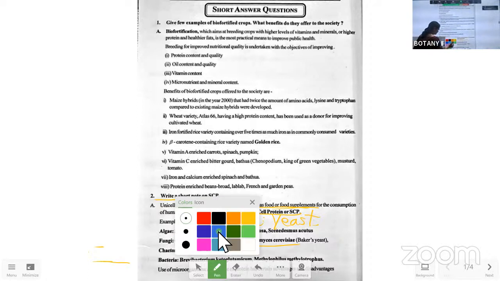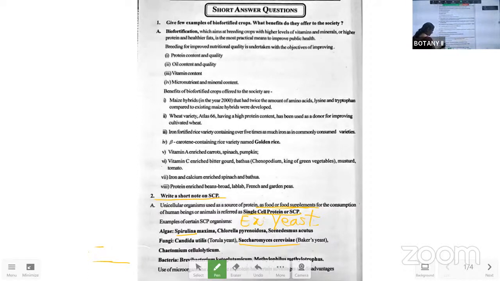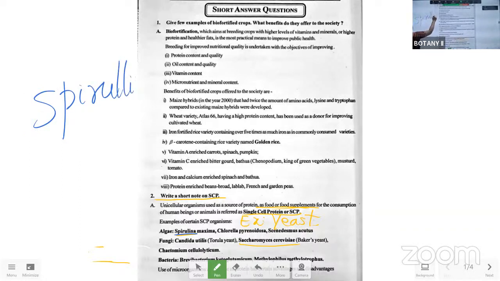Spirulina, S-P-I-R-U-L-I-N-A, spirulina. Only this much you can write for the algal members, from where we will extract the proteins.